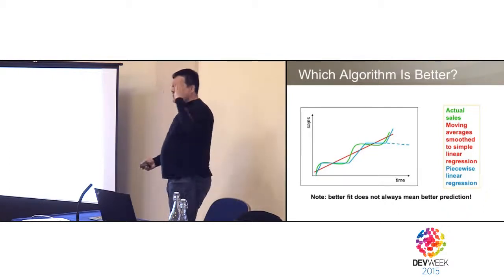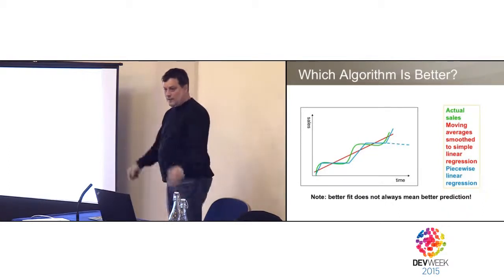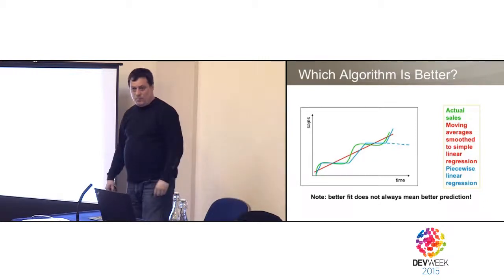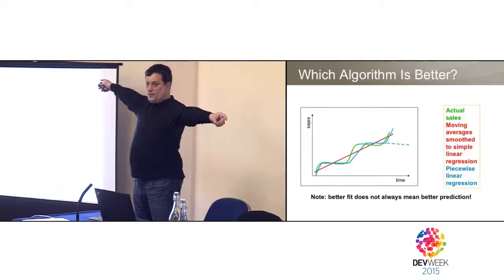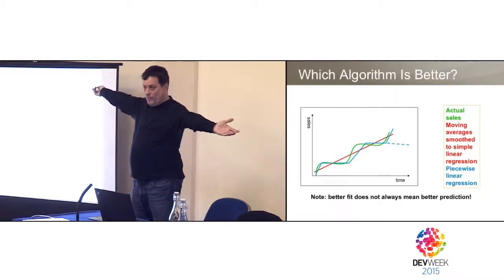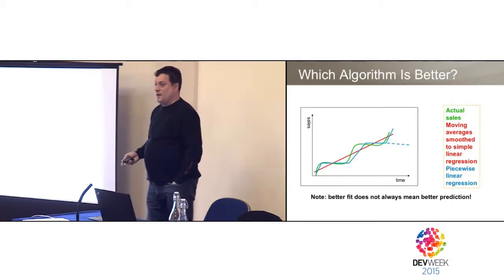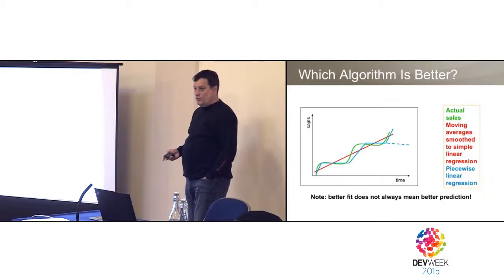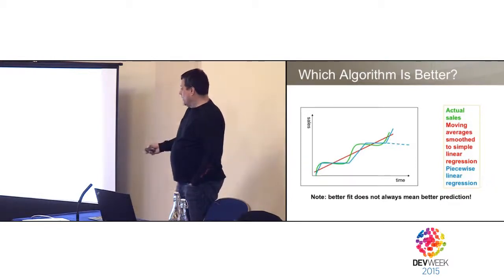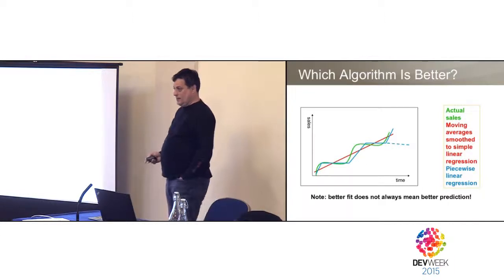If we split moving average completely, as much as possible, so let's say I take all of the time points and divide them by the number of time points, I get a simple linear formula, right? Piecewise linear regression, which is done by autoregressive trees, gives me something that is much closer to the actual line.